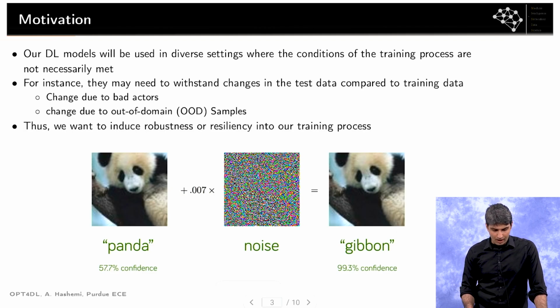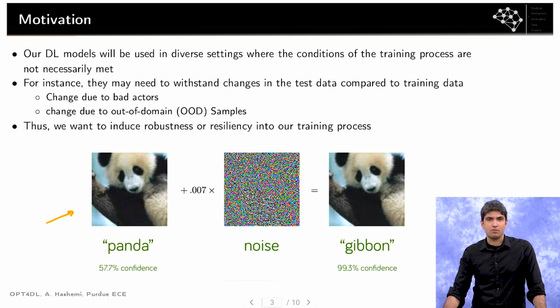This is important because if you don't, the model could perform quite badly. If you recall, this is an example we talked about before in the context of zero-order estimation, where one motivation was adversarial robustness, or adversarial attacks.